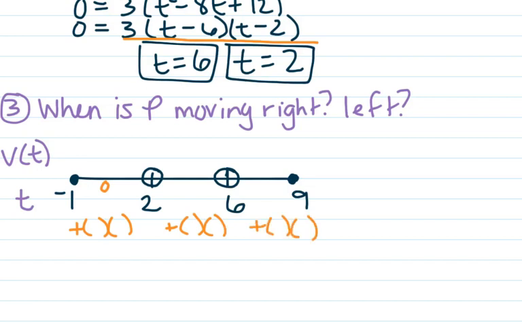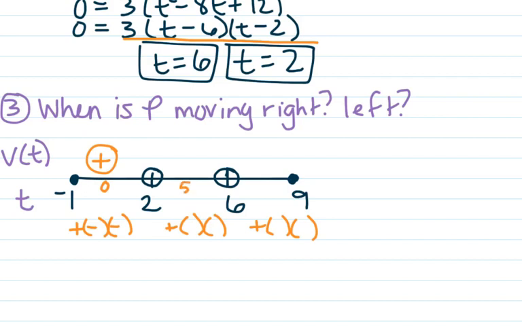Okay. So if I plugged in a 0 for t, 0 minus 6 gives me a negative number. If I plug it into the other factor, 0 minus 2 also gives me a negative number. A positive times a negative times a negative overall means that the velocity is positive from -1 to 2. Then we're going to do it for 2 to 6.